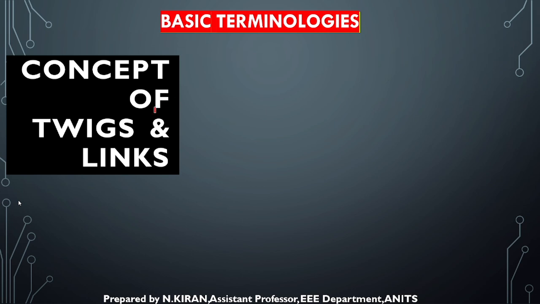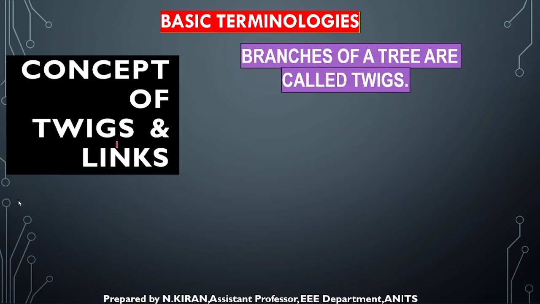Okay, next, what is a twig and a link? These are three basic terminologies, very important for the entire concept of network topology. You should very well understand what is a tree, what is a twig, and what is a link. Then only we can solve sums based on network topology. So what is a twig? The branches of a tree.